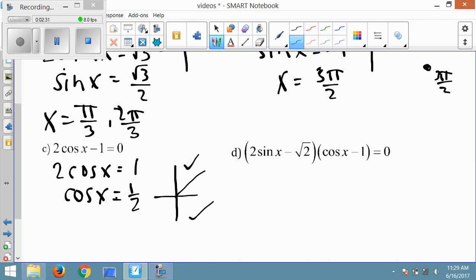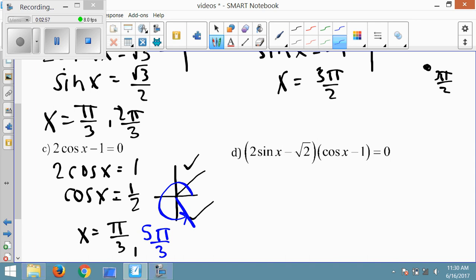If I use my fingers, I'm folding down the pointer finger, so I have a reference angle of pi over 3. So my first angle is pi over 3. And my second angle has a reference angle in the fourth quadrant, and that angle is going to be 5 pi over 3.